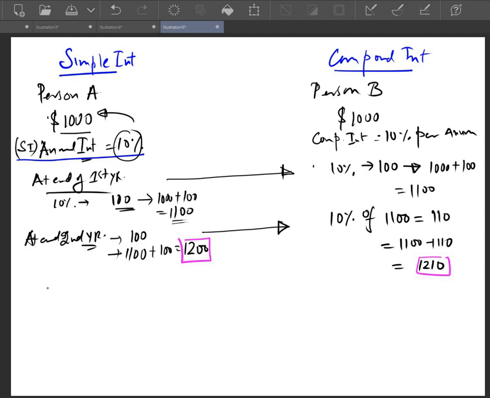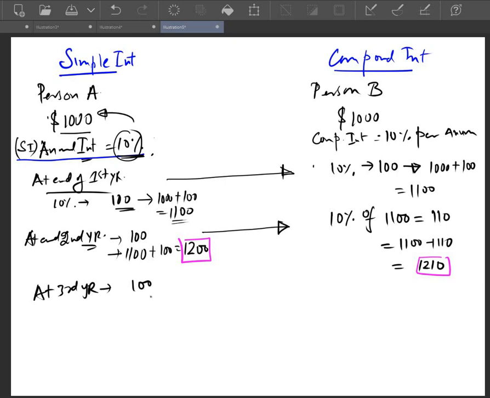Let's take the third year's example. So at the end of third year, person A still continues to get $100 because he's getting 10% of the original amount invested, and that is what simple interest is. So simple interest disregards your previous year's balance or your latest outstanding balance. It is just paid on the amount originally invested.